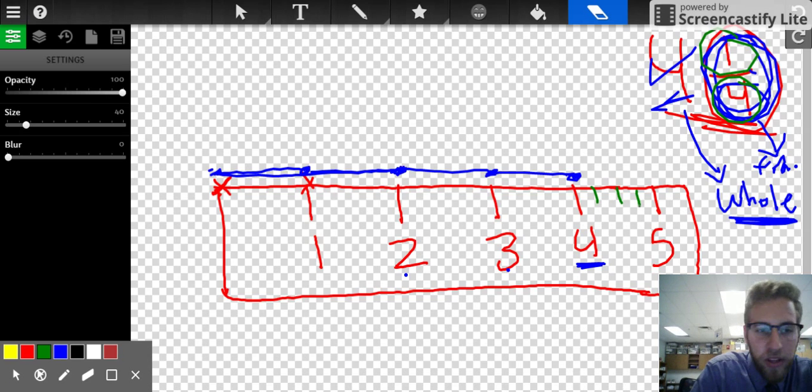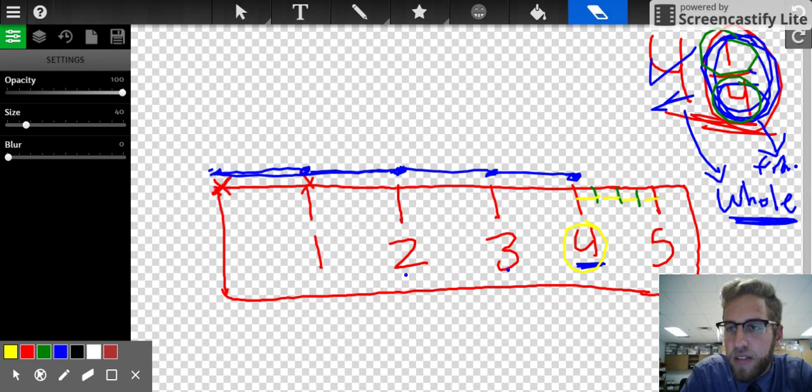Now I drew only 3 lines here, but look at this. From the 4 to this first green line, that would be 1 space. And then from this green line to the next green line, that would be 2. Here would be 3. And here would be 4.